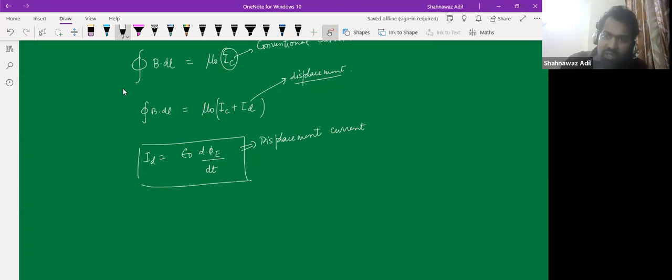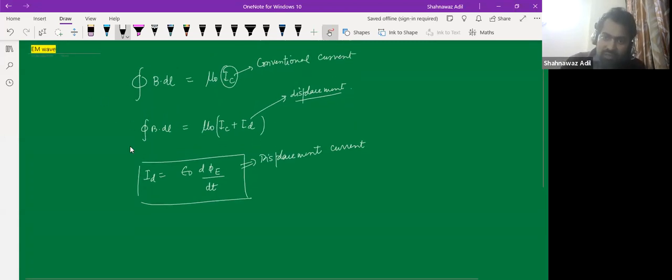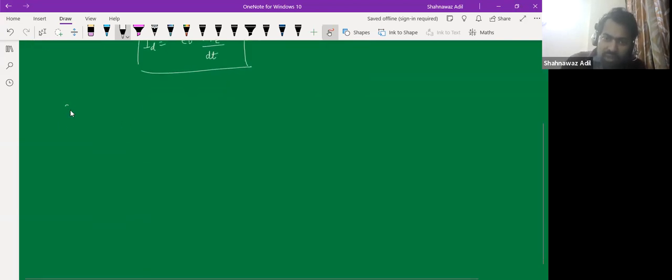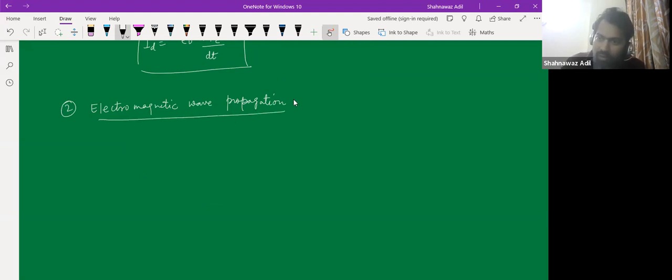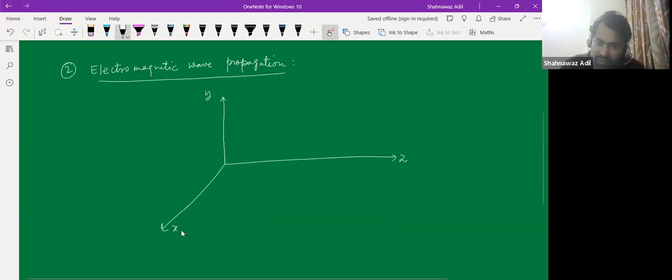And then how these electromagnetic waves propagate. So this was the first thing that we learned. And then secondly, we learned about the electromagnetic wave propagation. So we had this, let's say this is the Z direction, this is Y direction, and this is the X direction.